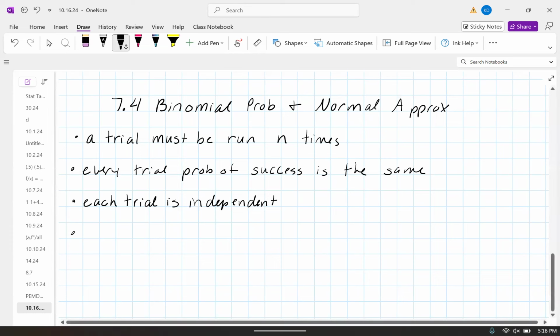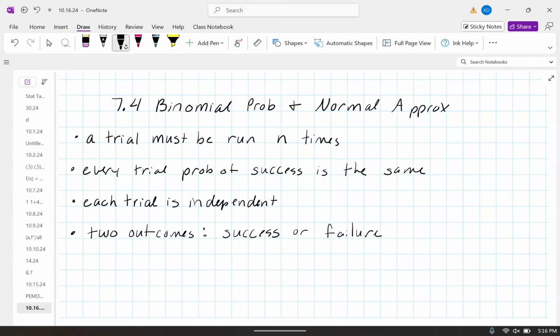And every time we have two outcomes. We either succeed or we fail. And if we have an experiment where there's really like 8 different outcomes, we're going to say these outcomes are successes, anything else is a failure.